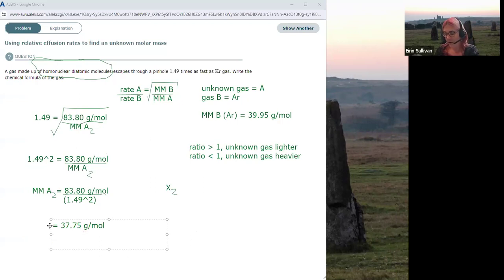Okay, so if I divide that by 2, that will make it easy to find on the periodic table, which is 18.9. Okay, so if you look on the periodic table, fluorine has a molar mass of 19.00 grams per mole. So I think that's close enough. So my identity of my gas is difluorine, F subscript 2. Okay, so just watch out for whether it tells you if the gas is made up of homonuclear diatomic molecules or if it's made up of just atoms.